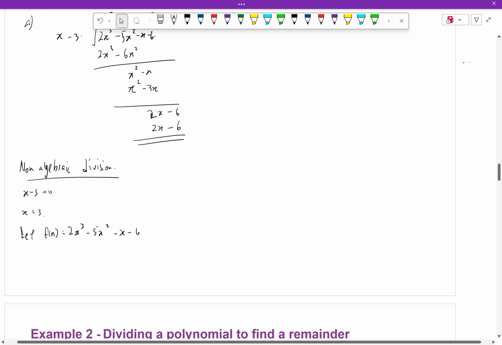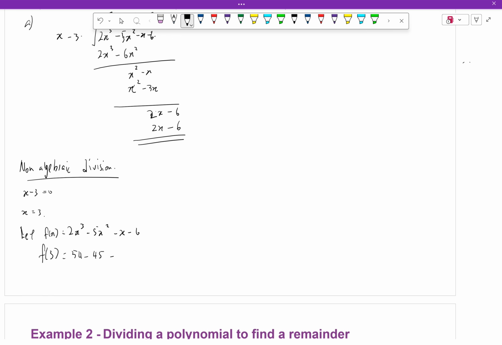Okay, it doesn't show you the expansion, but it proves to you that it's divisible. So f of 3 results in 27 times 2 minus 45 minus 3 minus 6. So that results in 0.